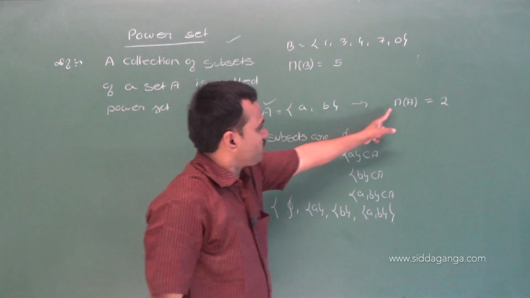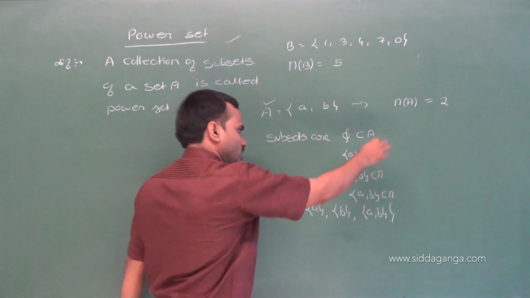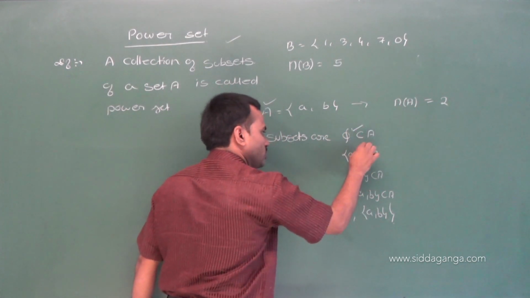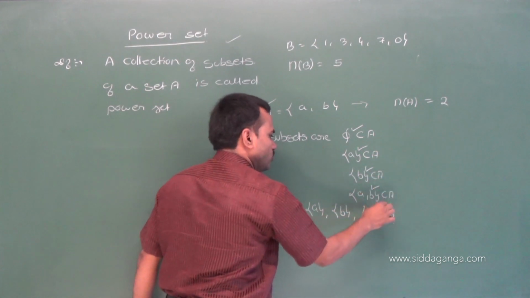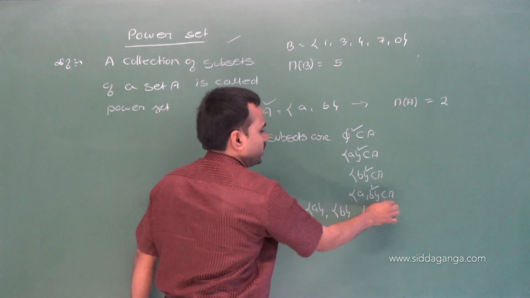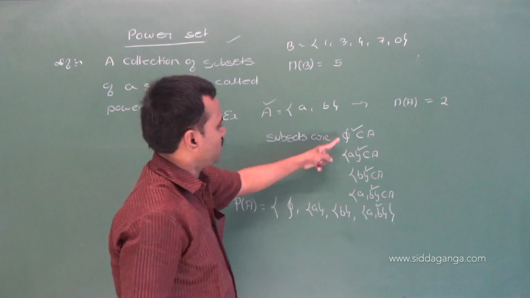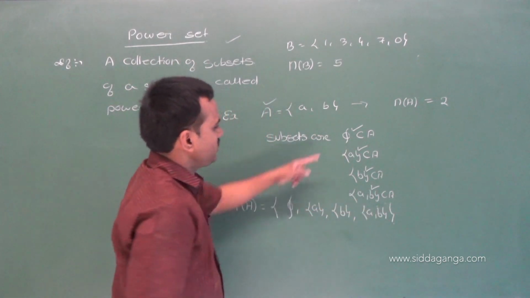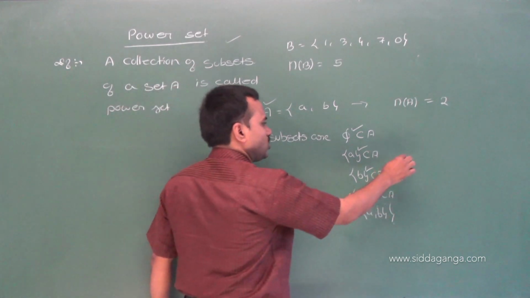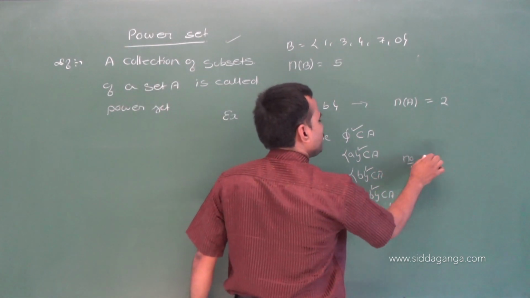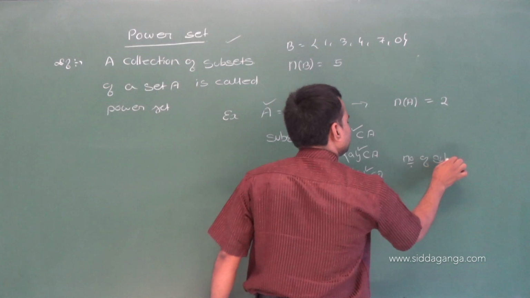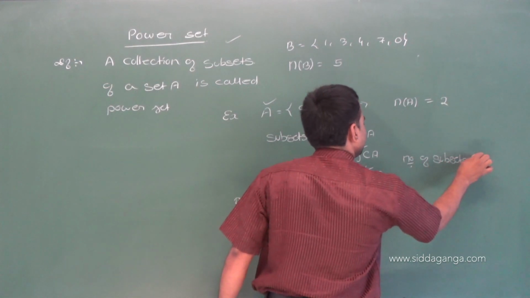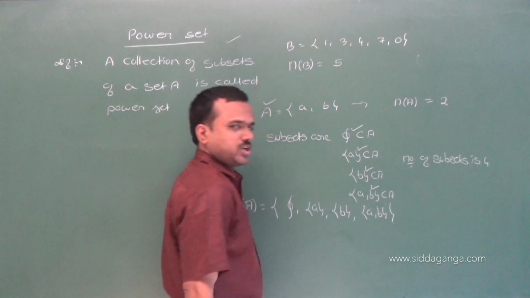Understand? So N of A is what? 2. Number of subsets 1, 2, 3, 4. Sorry, this is not 5. 1, 2, 3, 4. Number of subsets, how much? Number of subsets is 4. Correct.